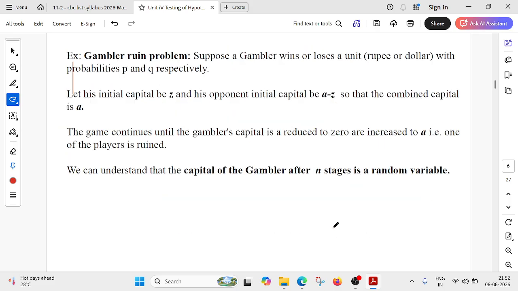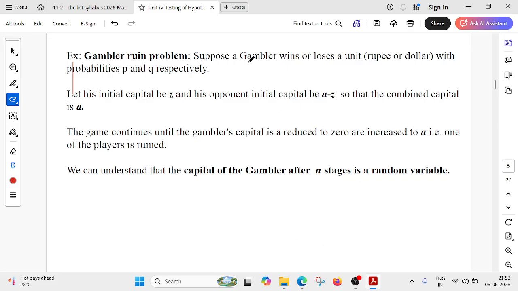Now, the Gambler's Ruin problem. You may already know about this. Many movies show gambler's ruin problems abroad, which is very popular abroad, not in our country. Let us take a glance at it. Suppose the gambler wins or loses a unit, a rupee or dollar, with probabilities p and q respectively.